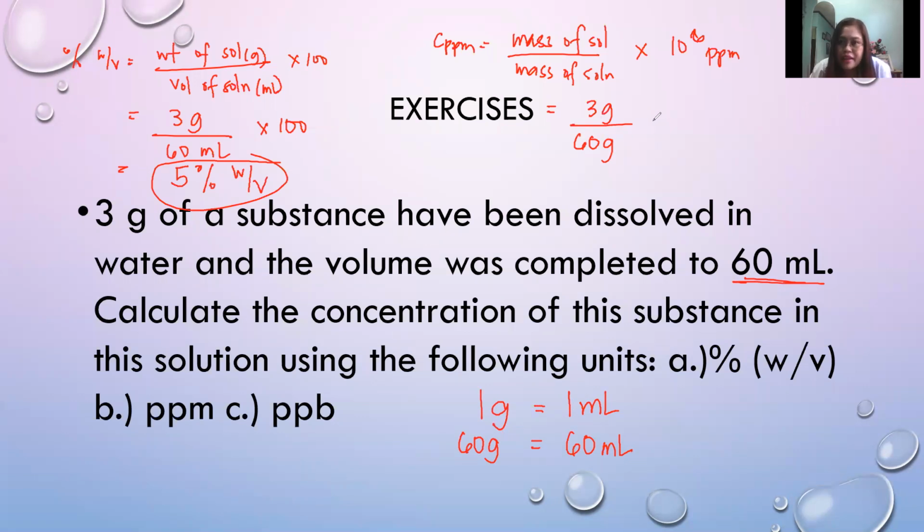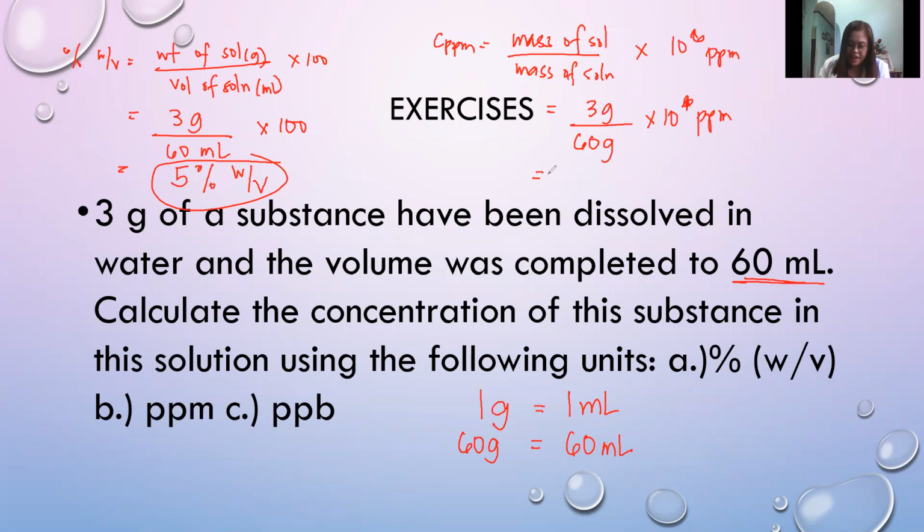For water, ang isa ka gram sa tubig, it's 1 ml. So, 60 grams times 10 raised to the power of 6 ppm. Na-mention ko na siya last time, ang isa ka ml na tubig is 1 gram.